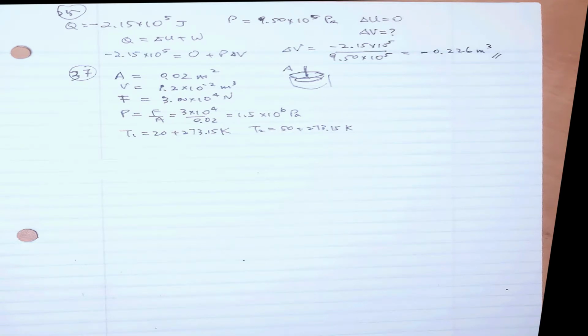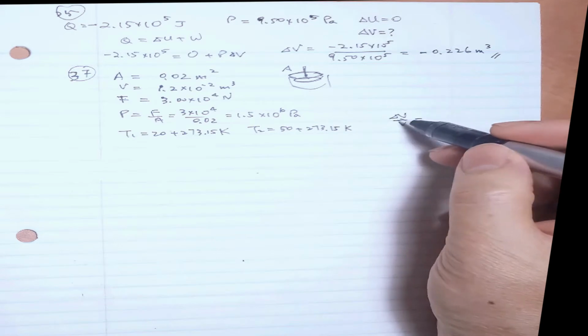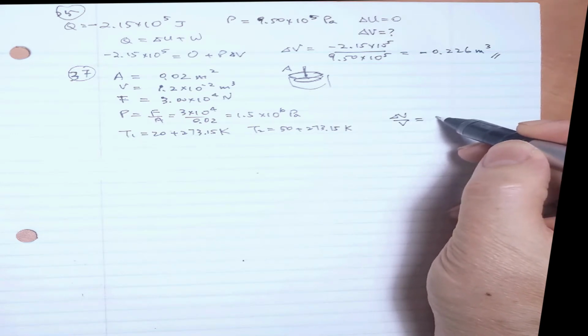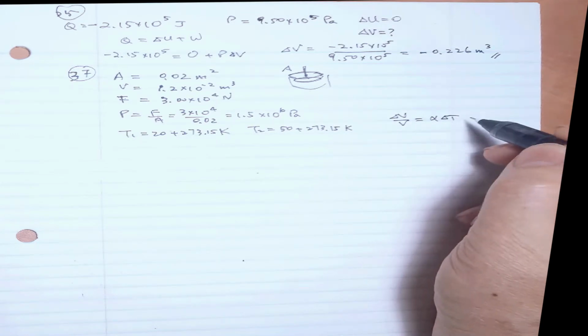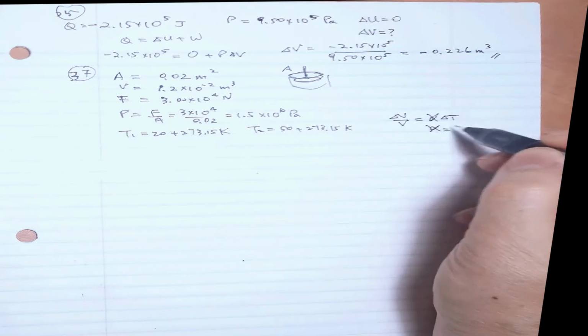And for methanol, the coefficient of volume expansion is 1.20 times 10 to the negative 3 per degree Kelvin. So the coefficient of volume expansion is proportional to delta T, and this alpha, well, we should call it gamma now.